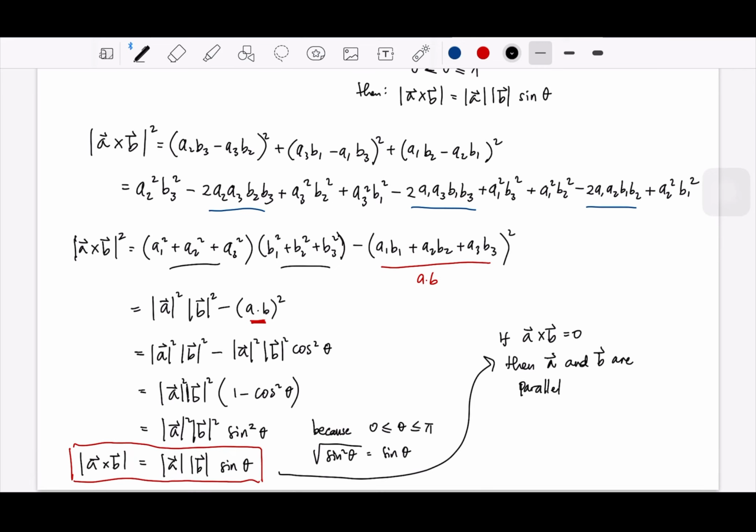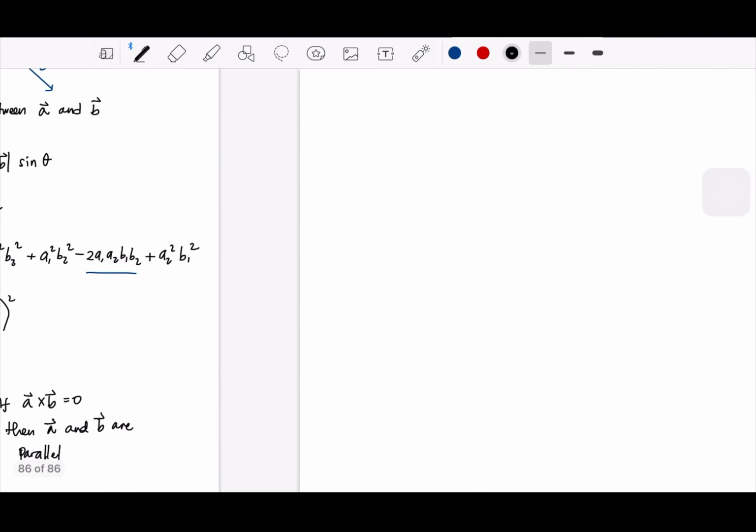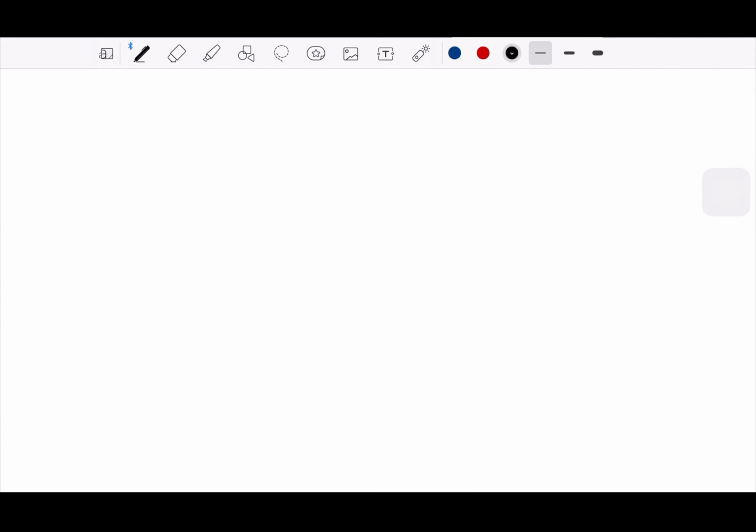Now the length of the cross product, we can actually compare to a parallelogram. So if this is vector P, this is A, and we have a theta here, we know that this line will be the magnitude of P times sine theta.